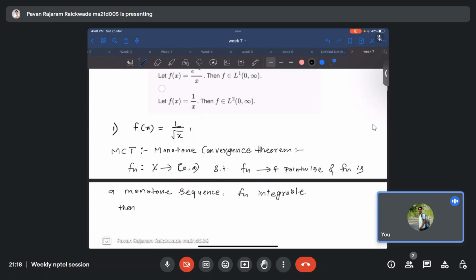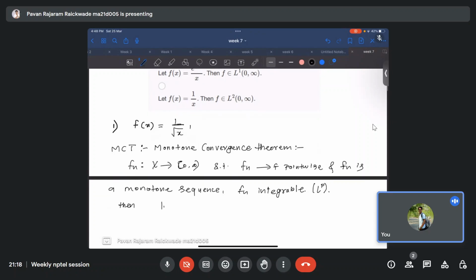Then you can interchange the limit: the limit of the integral of fn is the same as the integral of the limit of fn.